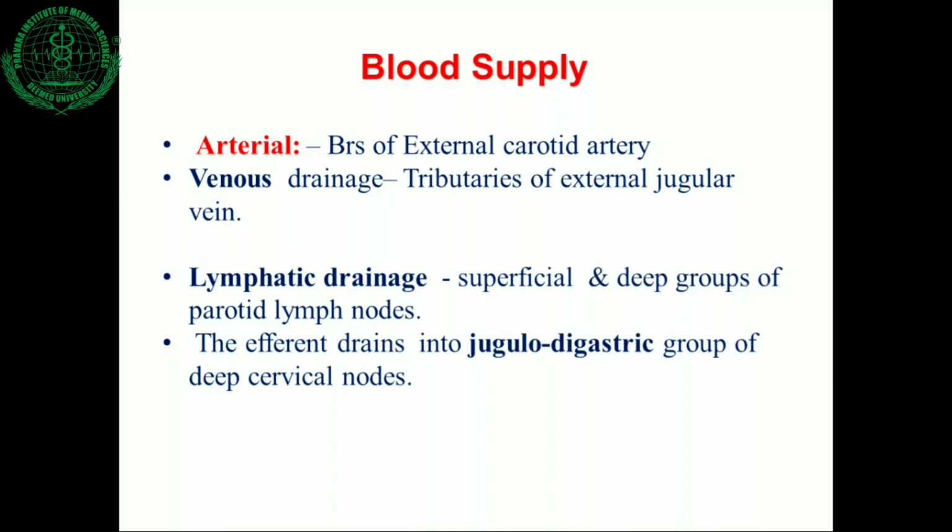Then about the lymphatic drainage of the parotid gland: it drains into the superficial and deep groups of the parotid lymph nodes. The efferent nodes drain finally into the jugulodigastric group of the deep cervical nodes.